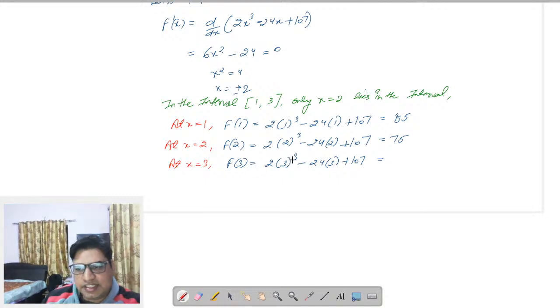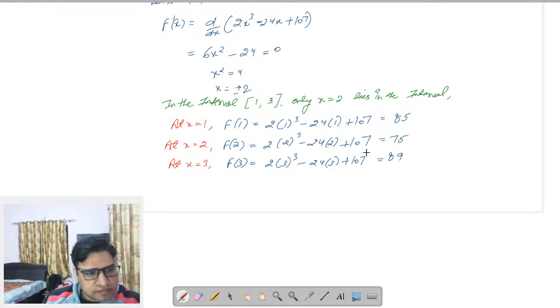So 3 3s are 9, 3 9s are 27, 27 into 2 is 54, 54 minus 72, 54 plus 107 minus 72, how much will that be, let's see. So that will be 89.